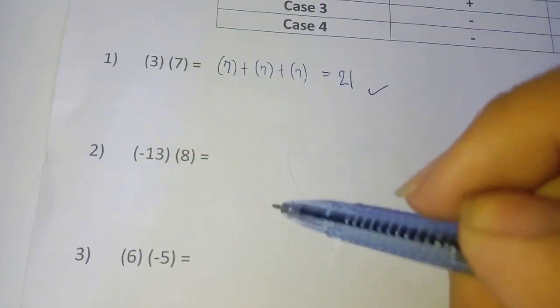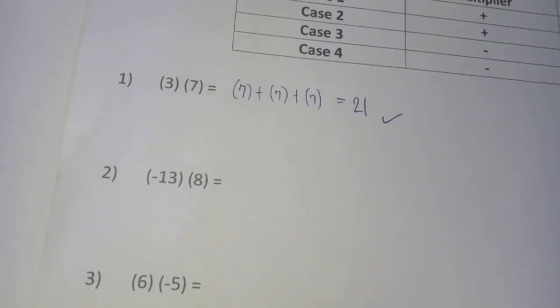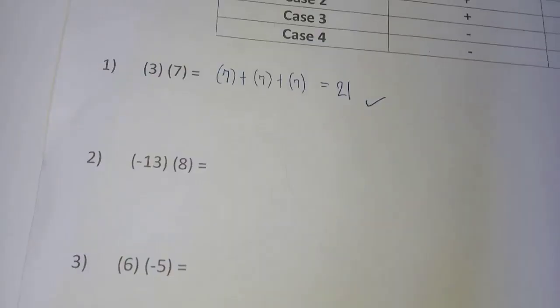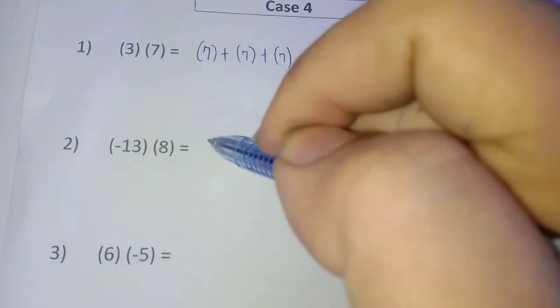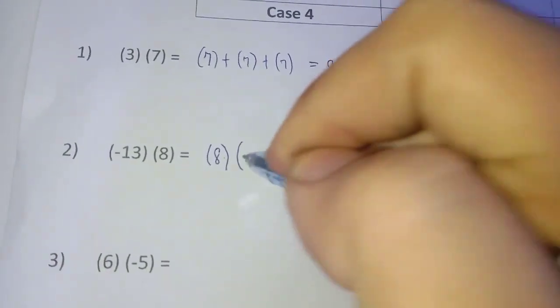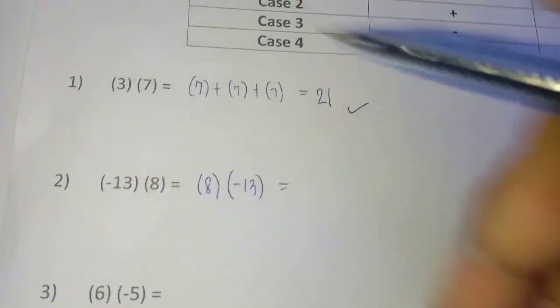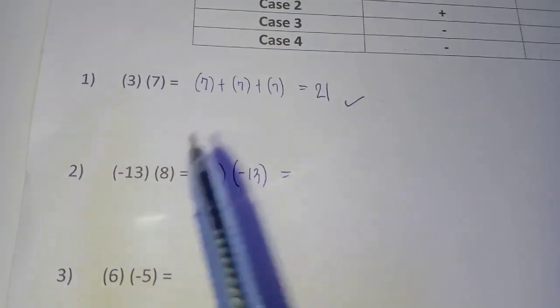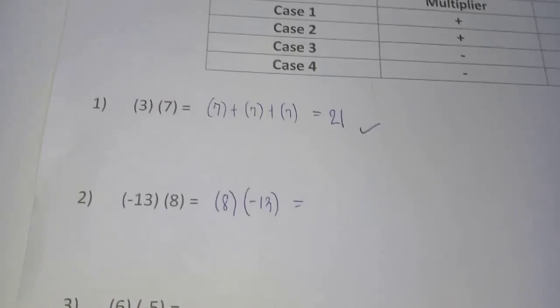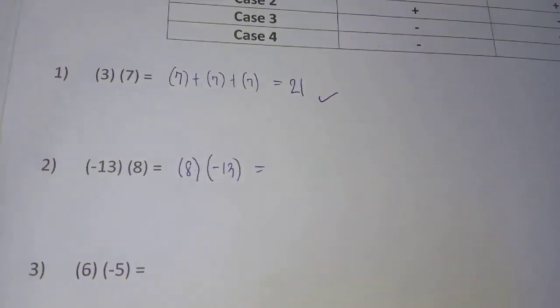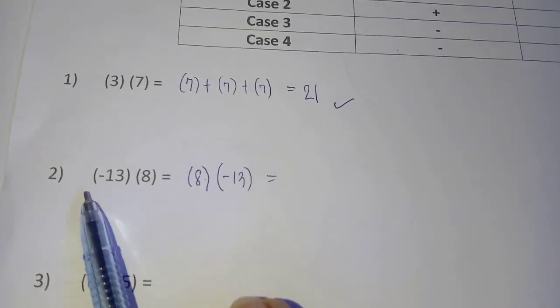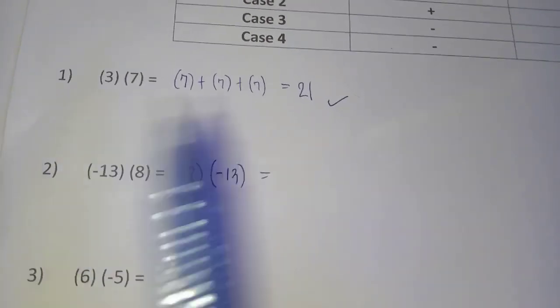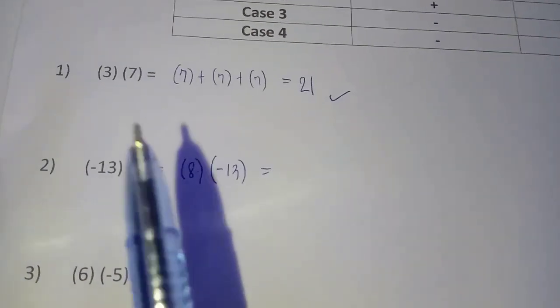So dito sa addition and multiplication, order does not matter. Kung sino yung nauna, hindi problema yun. Okay, that is commutative. So we can rewrite negative 13 times 8 as 8 times negative 13. Pareho lamang yung magiging resulta. Again, commutative property of equality only applicable to addition and multiplication. Bawal po siya sa subtraction and division.